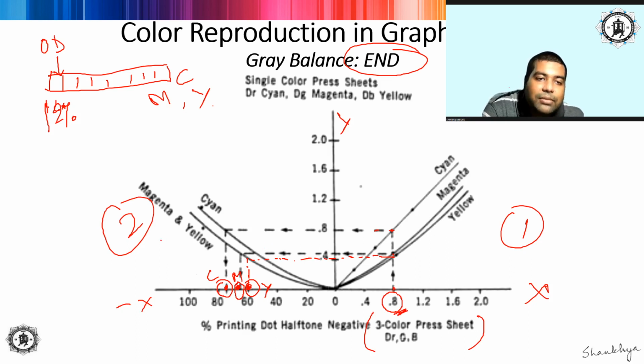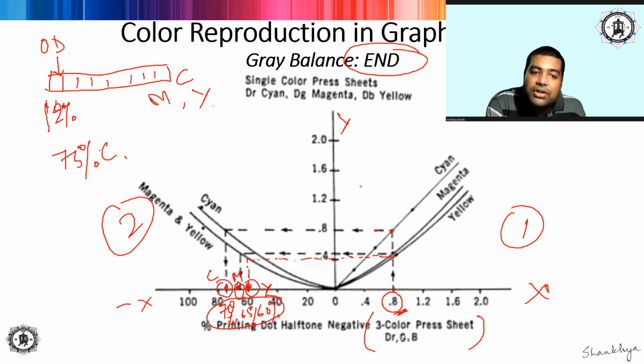So for example, here you have got 75% cyan, maybe 65% magenta and maybe 60% yellow. So in order to get an area of gray having a neutral density of 0.8, that area has to be reproduced by obtaining 75% dot of cyan in your cyan separation negative, 65% magenta in your magenta separation negative, and 60% dot in your yellow separation negative.